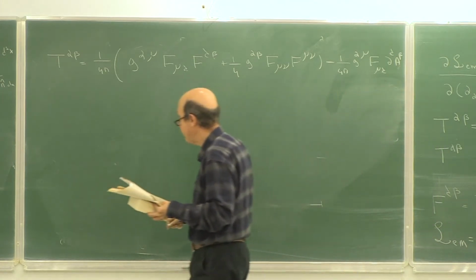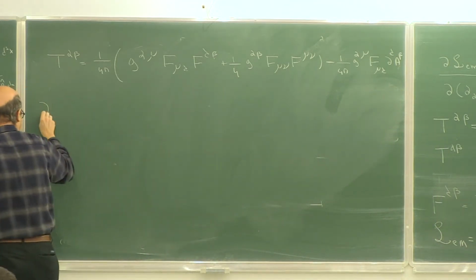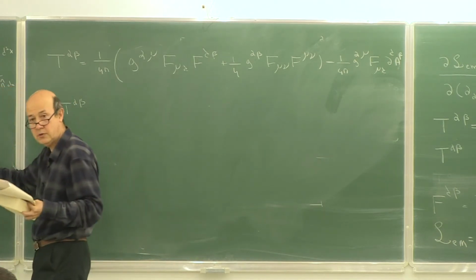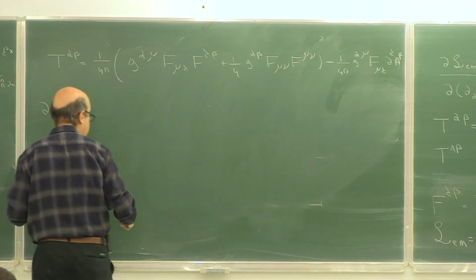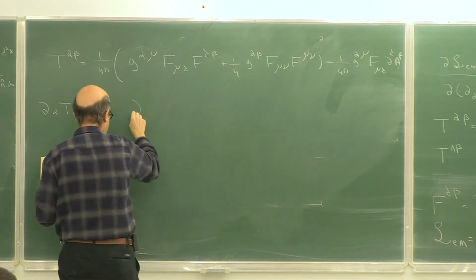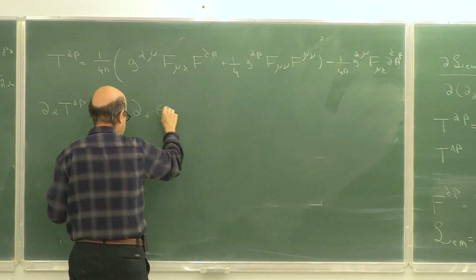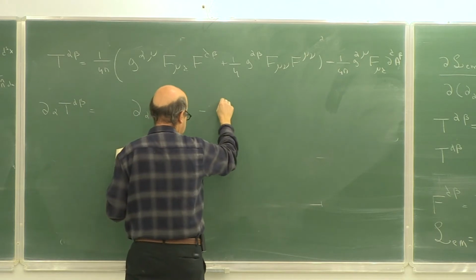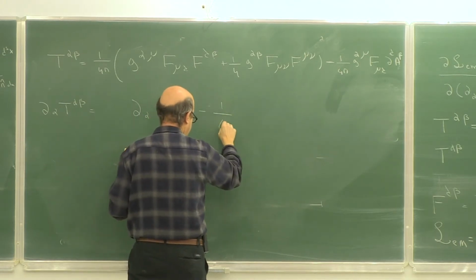But I know that in general del alpha T alpha beta is 0. I show you, if I take the divergence, and let me call this bunch of terms theta alpha beta, and then let me work on what is going on with this term.